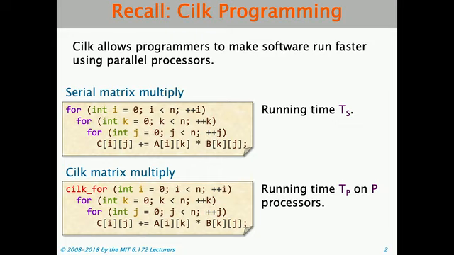We'll denote that as T sub s for certain parts of the lecture. If you wanted to run in parallel using Cilk, you just insert Cilk keywords in choice locations. For example, you can parallelize the outer loop in this matrix multiply kernel. And that will let your code run in time T sub p on P processors. And ideally, T sub p should be less than T sub s.